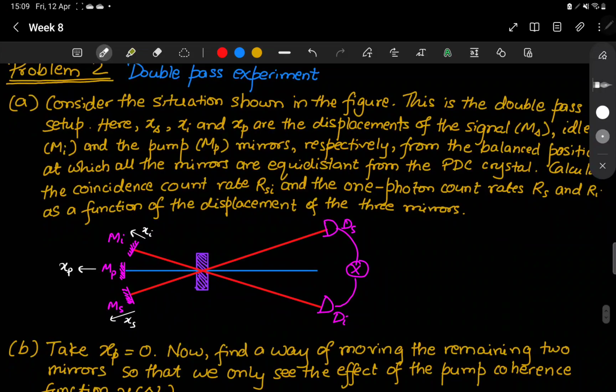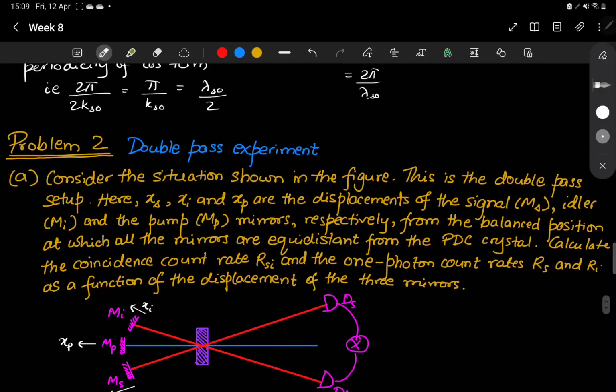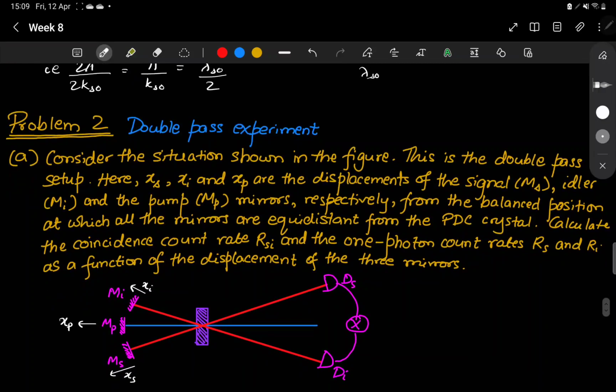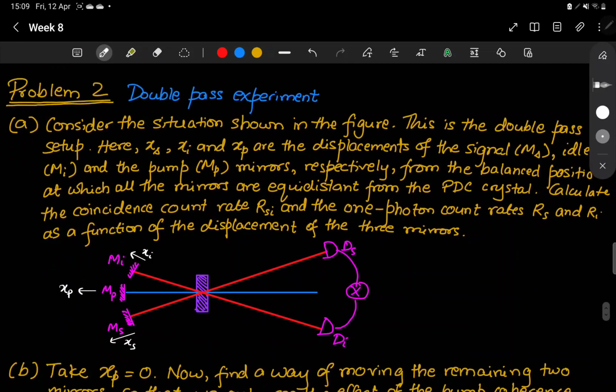Consider the situation as shown in the figure. This is the double pass setup. Here xs, xi and xp are the displacements of the signal, idler and the pump mirrors from the balanced position at which all the mirrors are equidistant from the PDC crystal. This purple thing over here is the PDC crystal.